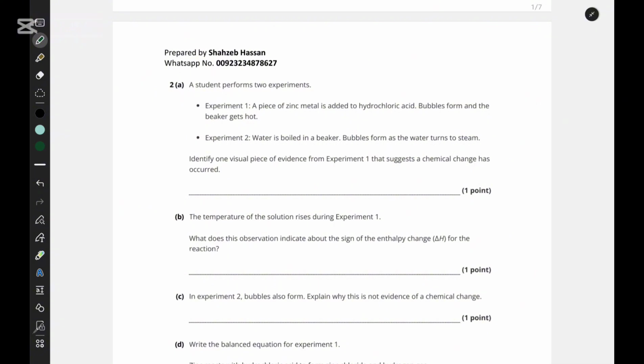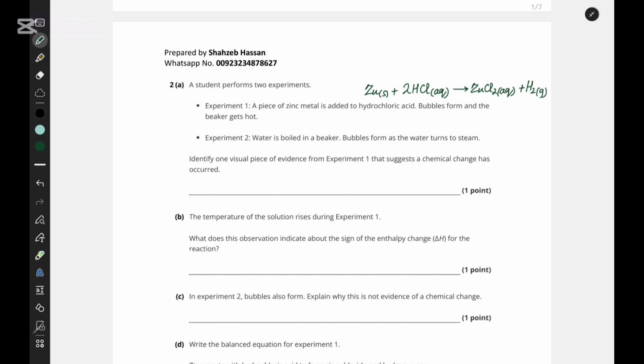In this second question, a student performs two experiments. Experiment 1: a piece of zinc metal is added to HCl. When zinc in solid state is added to HCl, it is going to form zinc chloride and hydrogen gas. They are saying identify one visual piece of evidence from experiment 1 that suggests a chemical change has occurred.